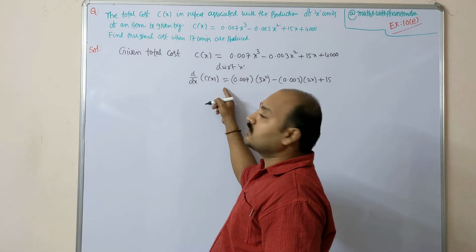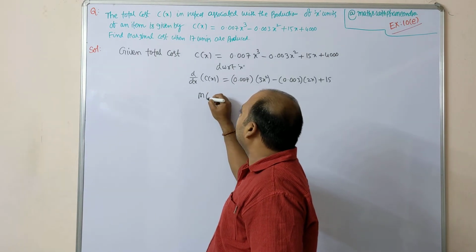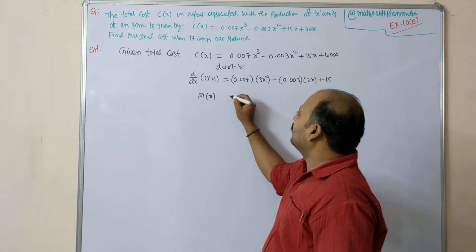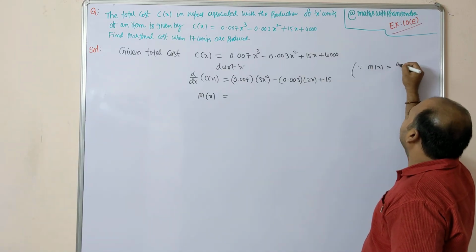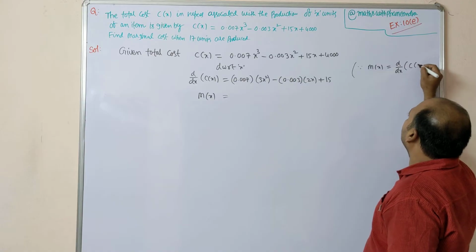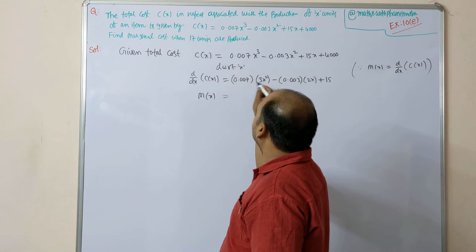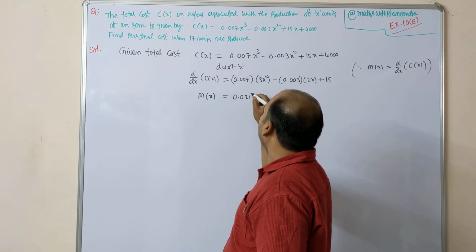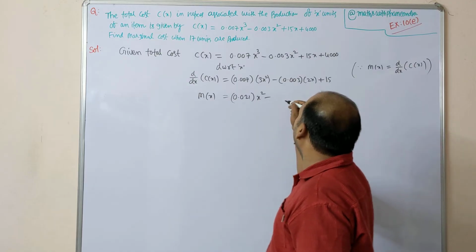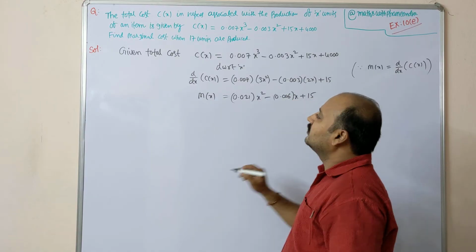So d by dx of the total cost function is the marginal cost function. So M(x), the rate of change of total cost, equals 3 sevens are 21, so 0.021x squared minus 0.006x plus 15.